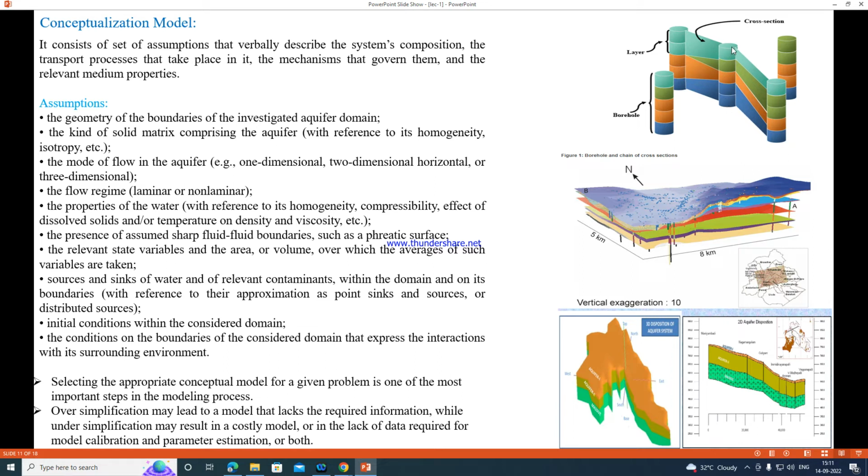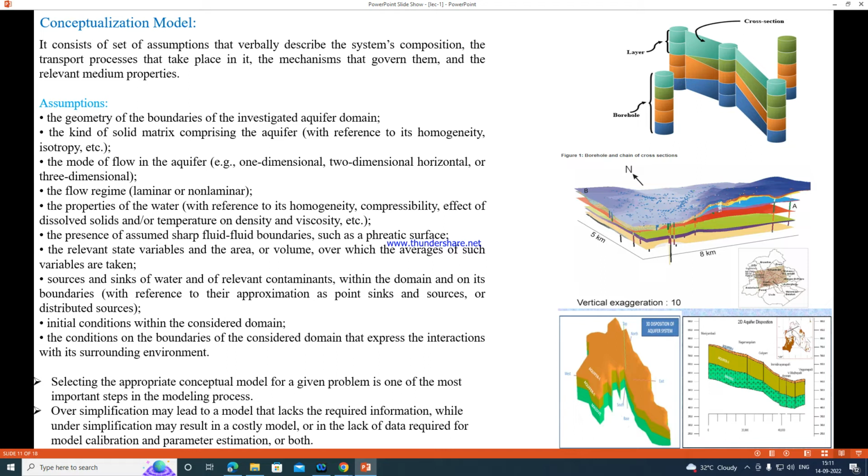You can get the elevation for the different layers and do interpolation for each layer using ArcGIS, and therefore, to some extent, you can develop the layers of the conceptualization model.